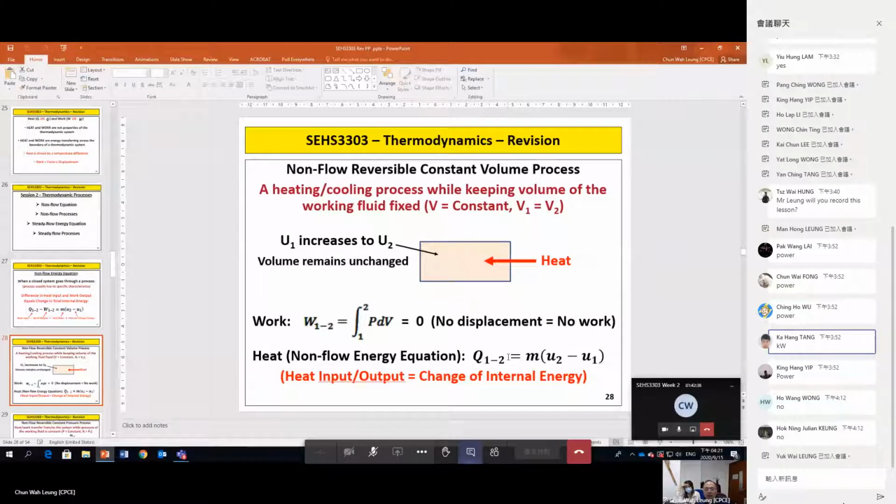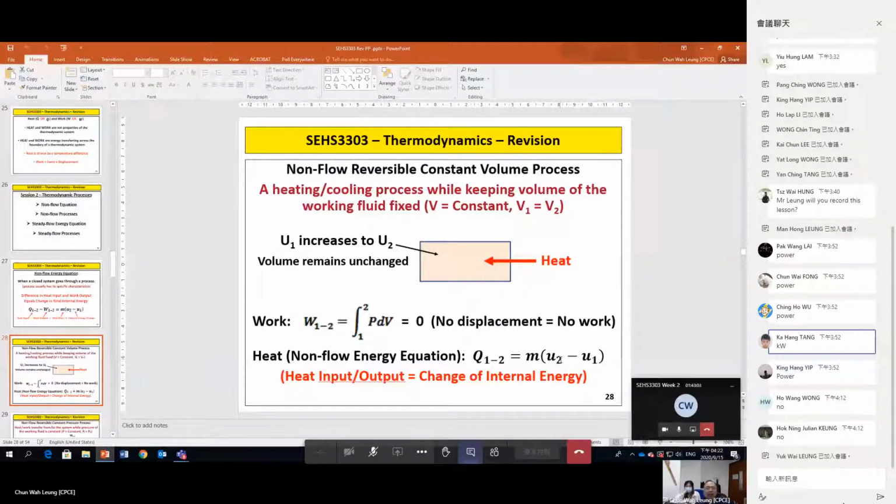Okay? So we start from the law and flow equation. And then first tackle the work, the law and flow work. And for a constant volume process, this work equals 0. So therefore, substitute back into the law and flow equation. The heat transfer simply equals the mass times the internal energy change.